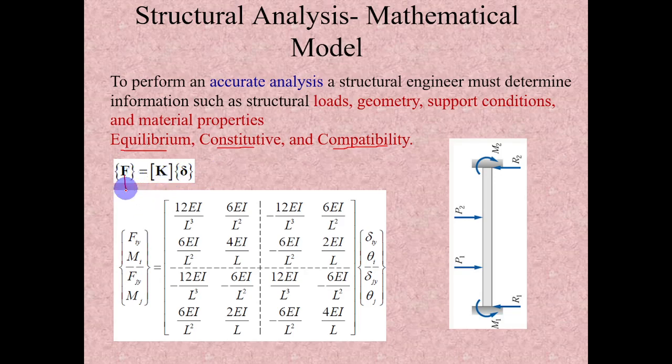What we are seeing is the force matrix, the stiffness matrix, and the displacement matrix. The load matrix comes from the external loads, and the stiffness matrix we have to calculate based on our structural arrangement.